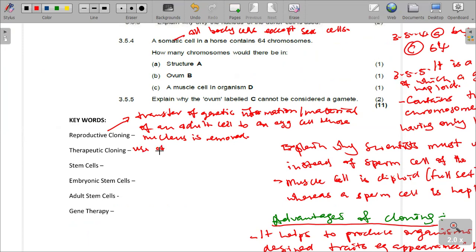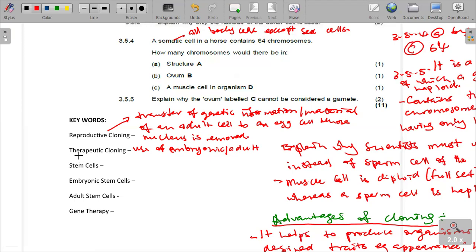Use of embryonic or adult stem cells. It can be embryonic or adult stem cells, which I defined earlier.